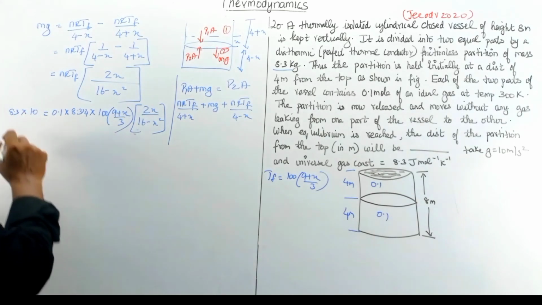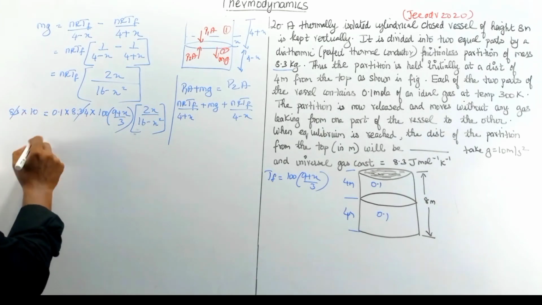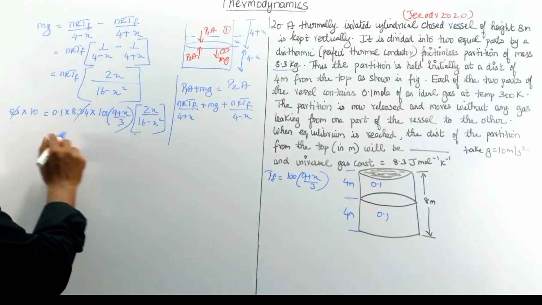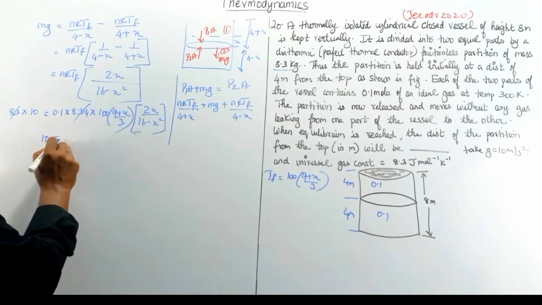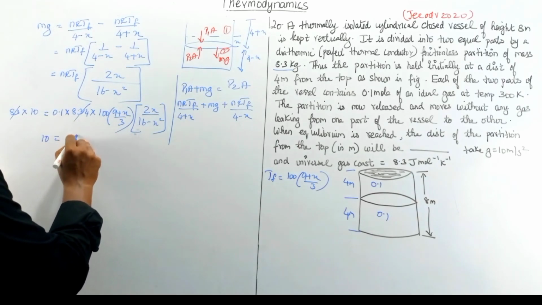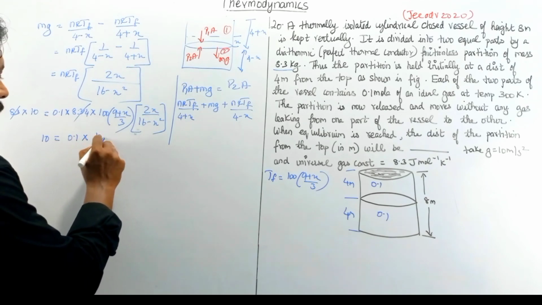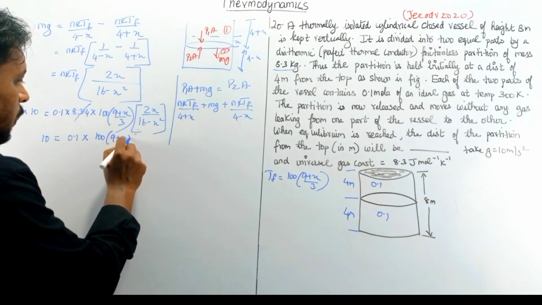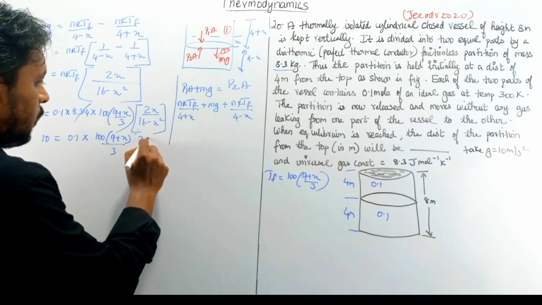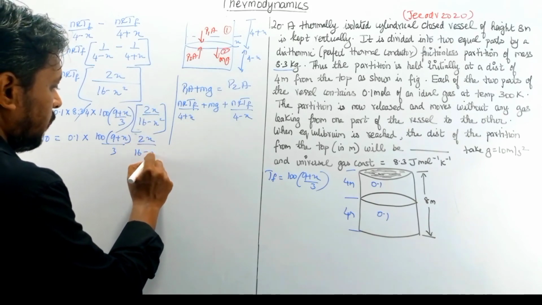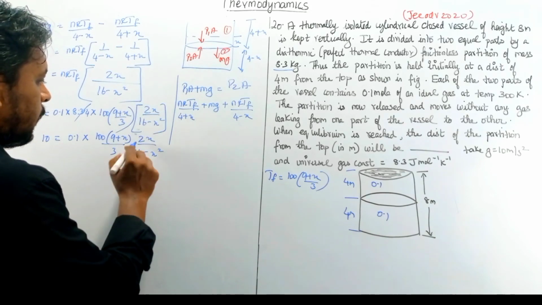So the 8.3 gets cancelled, so 10 will be equal to 0.1 into 100 into 2x by 16 minus x square.